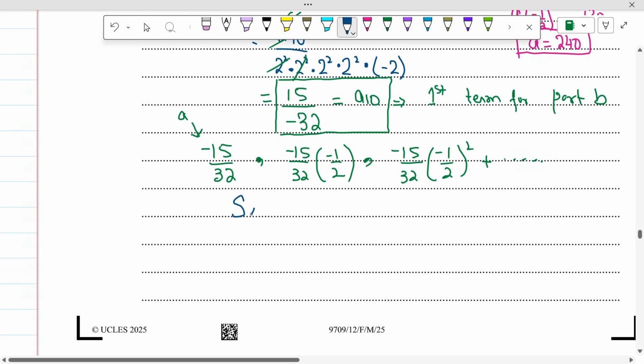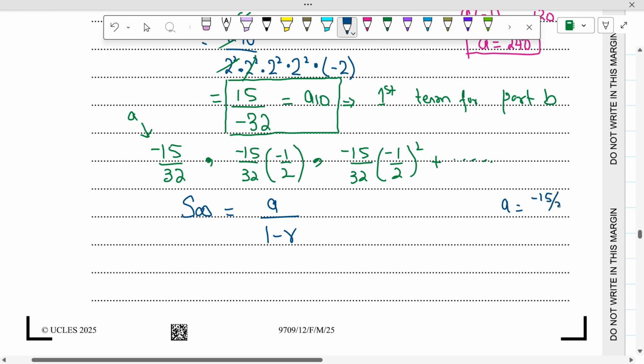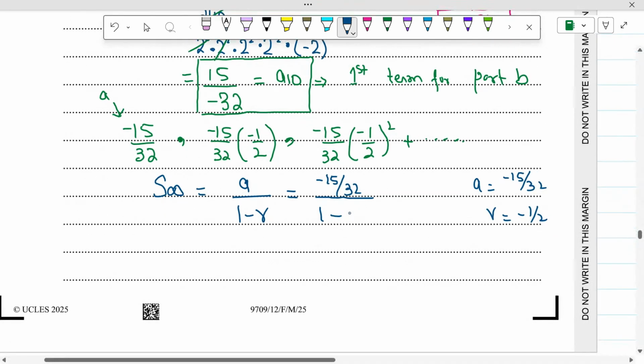So this progression has sum to infinity equal to A over 1 minus R, and in this case A is equal to negative 15 over 32 and R is equal to negative 1 over 2. So plugging in, we will have A, which is negative 15 over 32, over 1 minus R, means 1 minus negative 1 over 2.